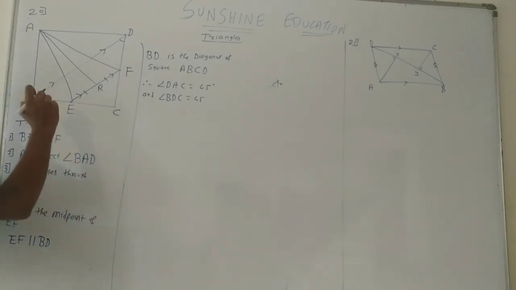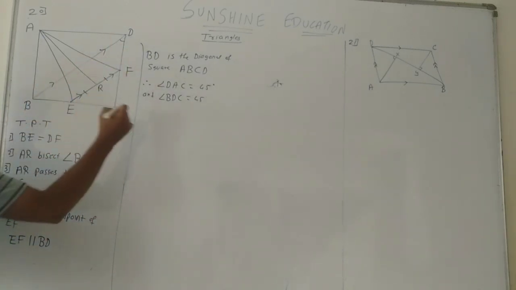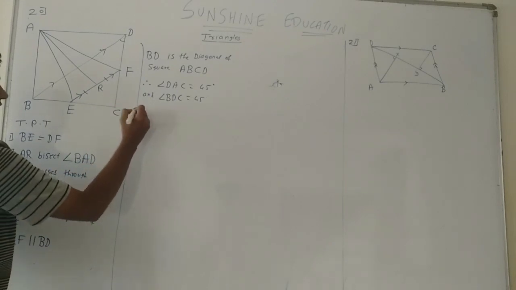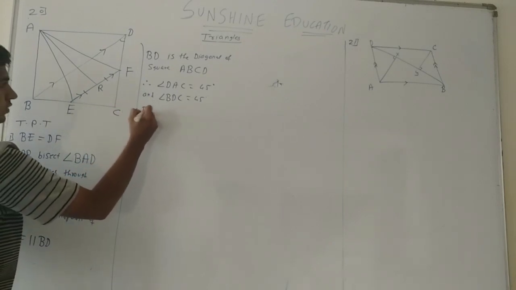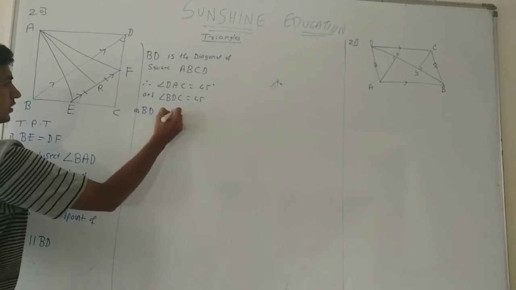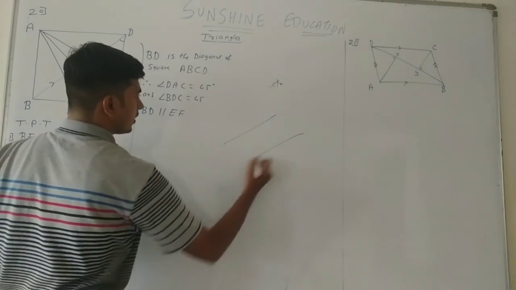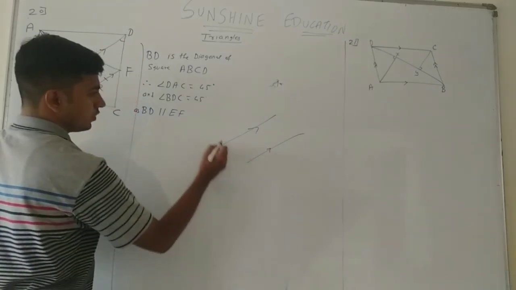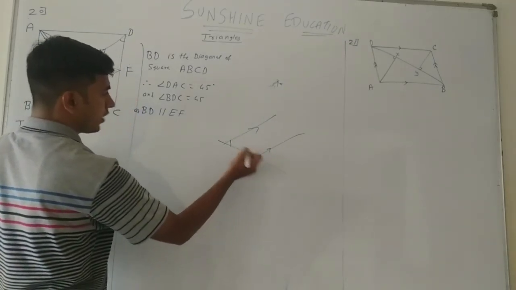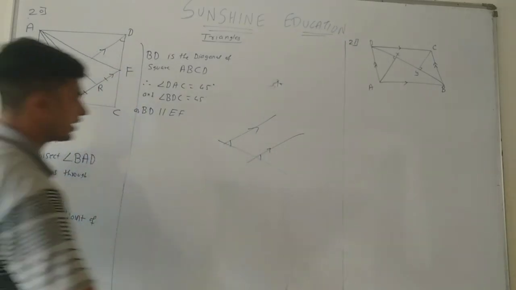Now you can see that BD is parallel to EF. So see, if these are the two parallel lines and this is a transversal, these two angles are equal, corresponding angles.